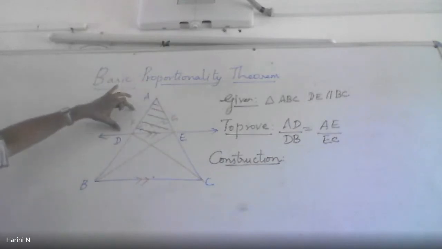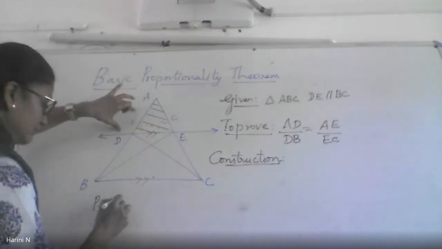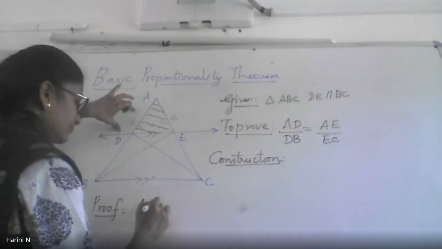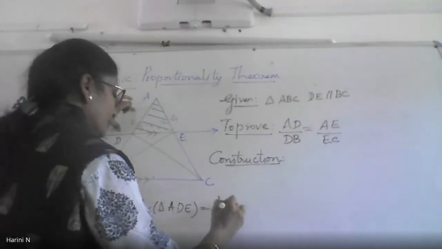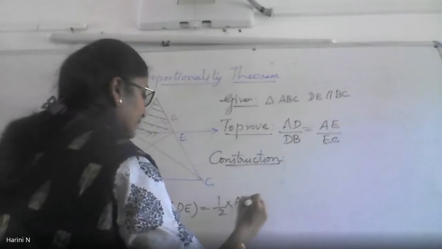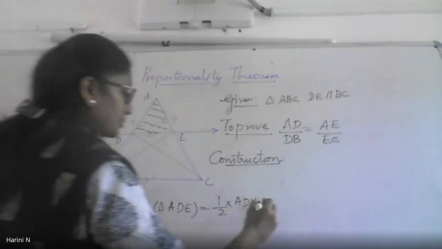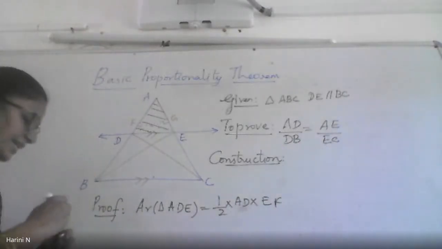So first I will calculate the area of triangle ADE. That is half base. The base of this triangle I will take as AD and the height, this is the perpendicular distance, is EF. Right? Next I will talk about the second triangle.